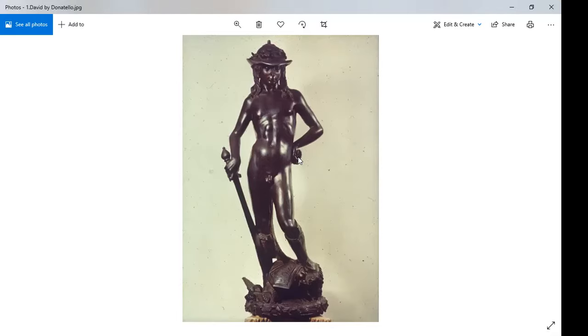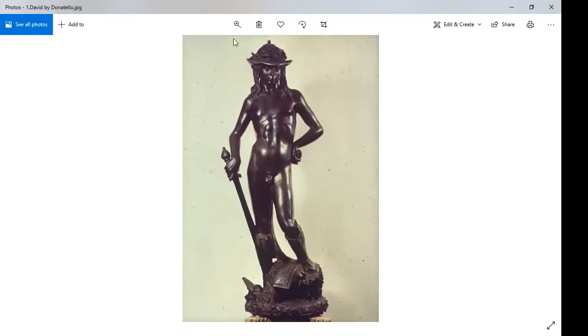So it is both stable and dynamic. It's stable because he's standing upright, but you see his arms are stretched out, right? And they have diagonals. And then we have the S curve by definition. He's standing in contrapposto, so his spine is slightly curved. And that means he's both stable in terms of the overall pose, but dynamic in the details.